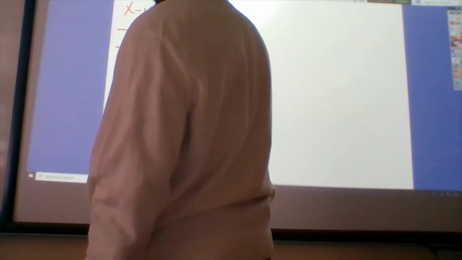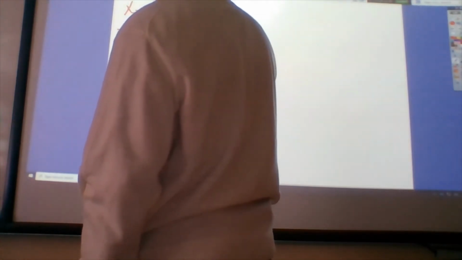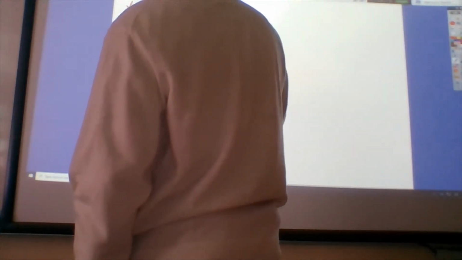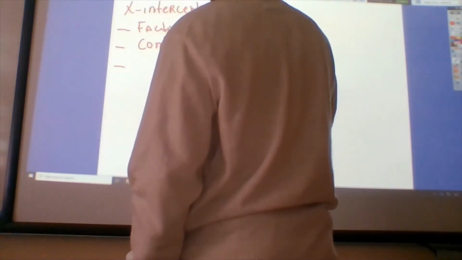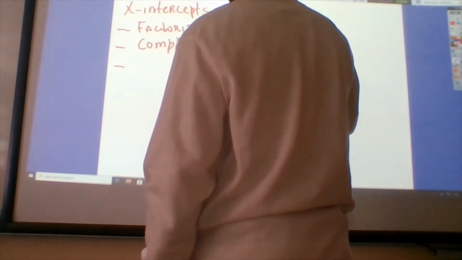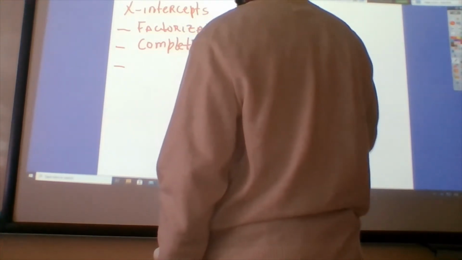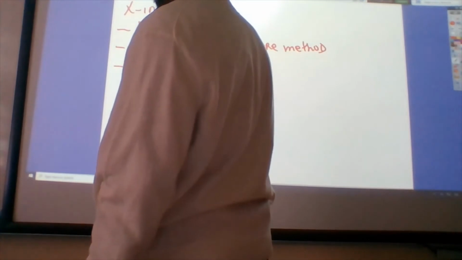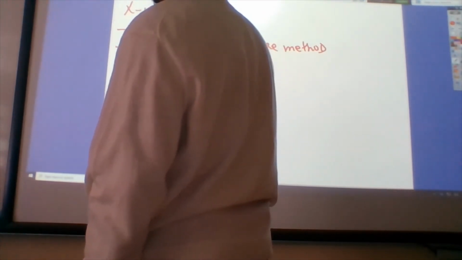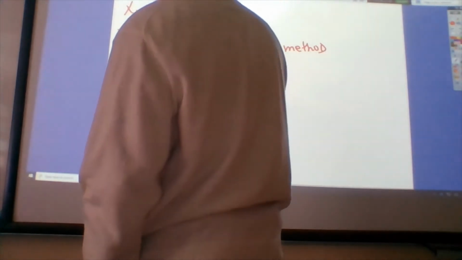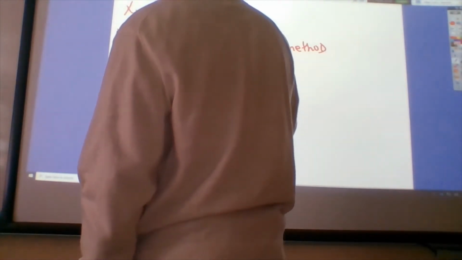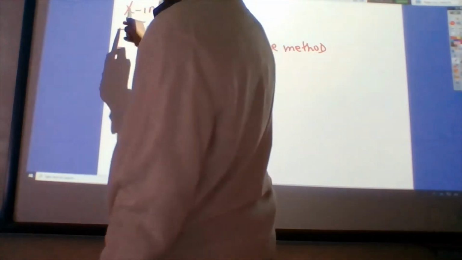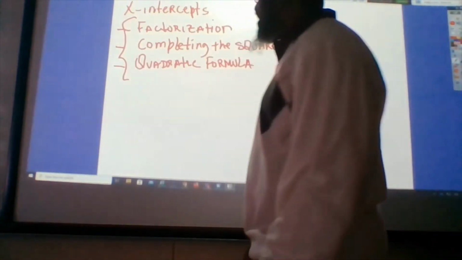There are other methods, but we are going to focus on 3 of them. Completing the square, which is the most important one, where I'm going to spend time. Completing the square method, which is a process. And we're going to use the quadratic formula. There are other methods, but we're going to focus on those. Those are the 3 things we're going to focus on to find the x-intercept.